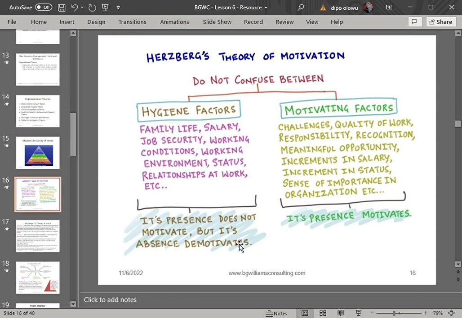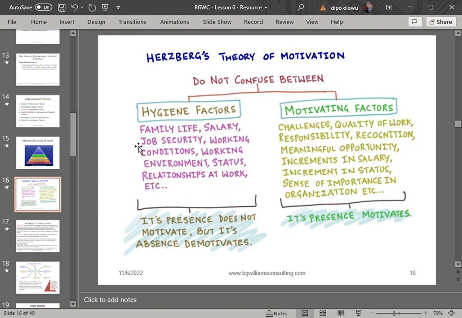They are paying you well. But you can't say that because the floor of your office is not tiled, you won't be motivated to do your work, or you will not be happy to do your work. You do your work and go, but the fact that the floor is not tiled, there's still some level of demotivation that it will bring. We refer to that as what?